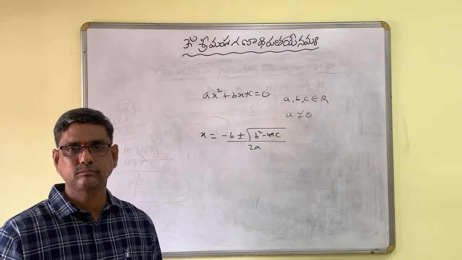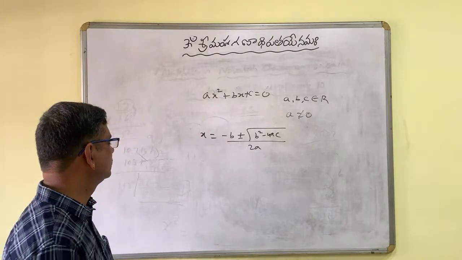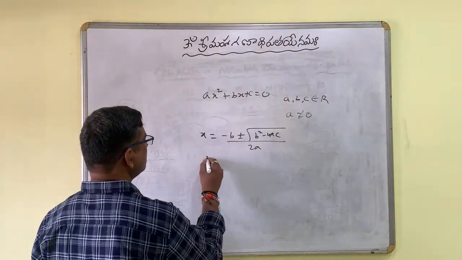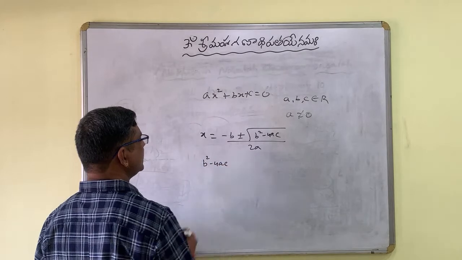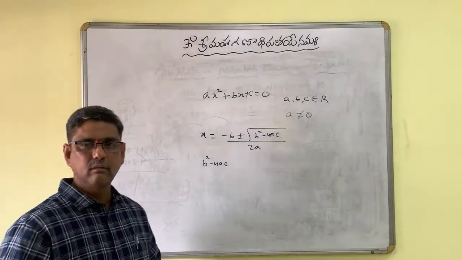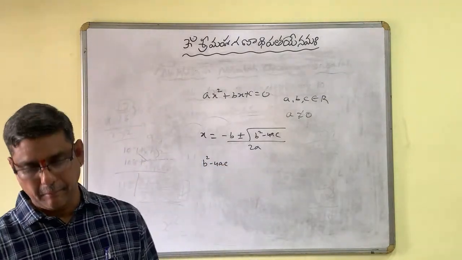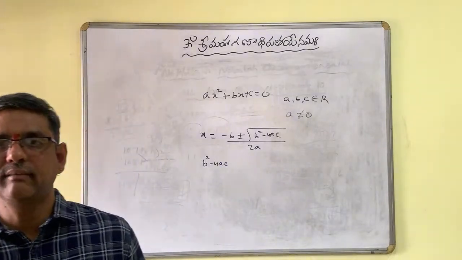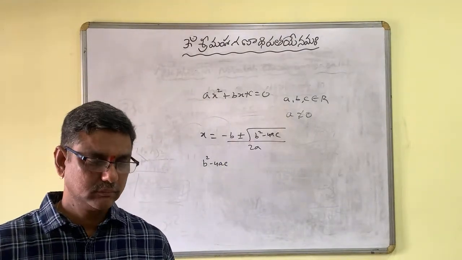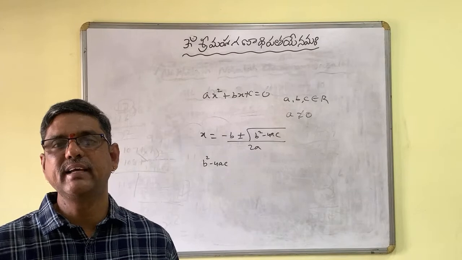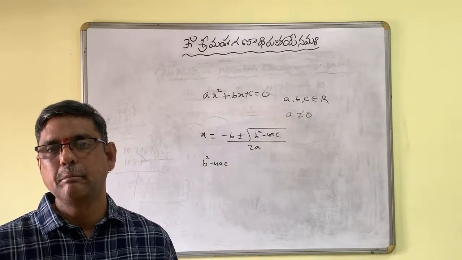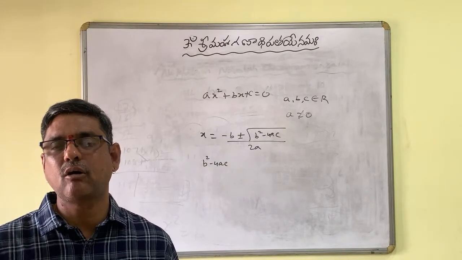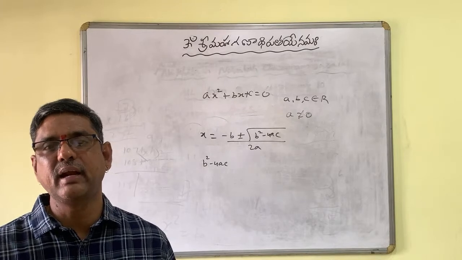Okay. In that, b square minus 4ac has a special name. That is discriminant. b square minus 4ac is called the discriminant.